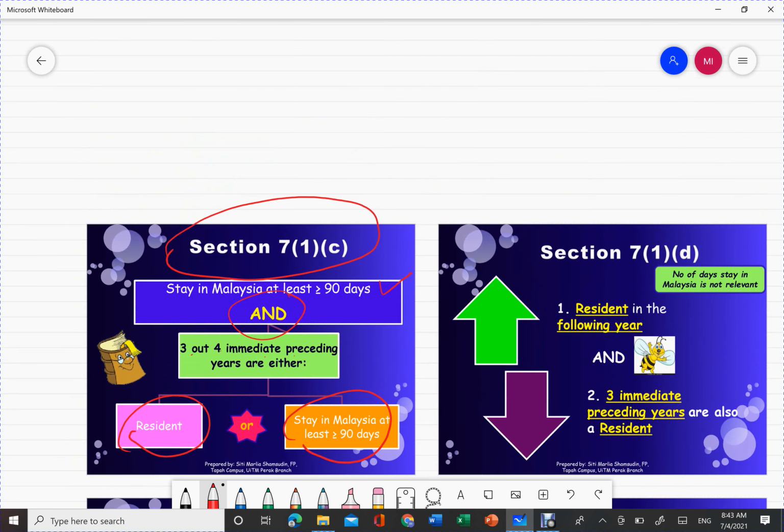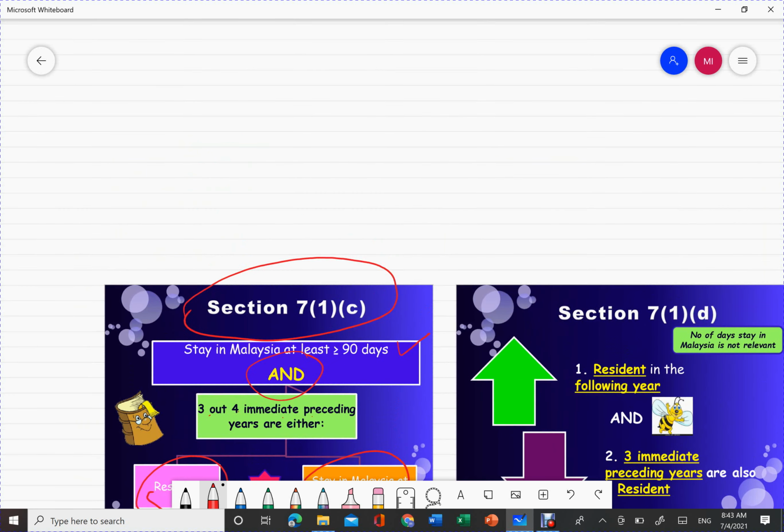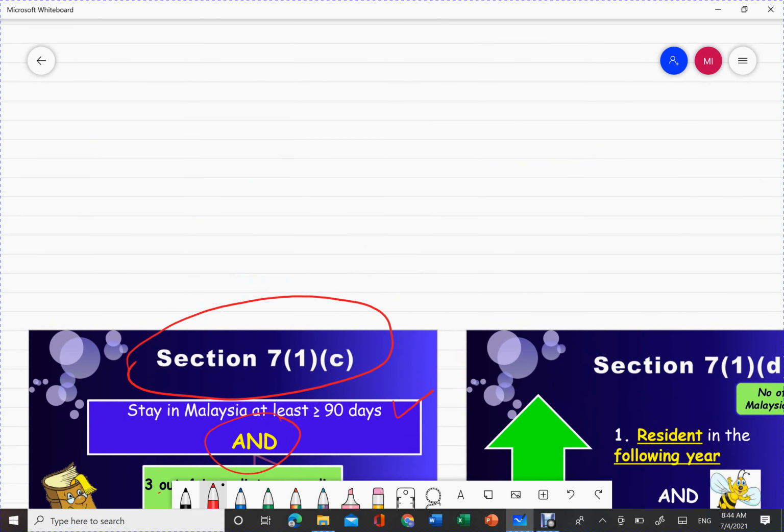So I'm going to give you an example here. The year in question is year 2020, because for this semester we'll be using Budget 2020. Assuming that you are going to decide the resident status for this individual in year 2020, you have tried to use Section 71A and B. Under Section 71A and B, this person cannot be considered a resident.